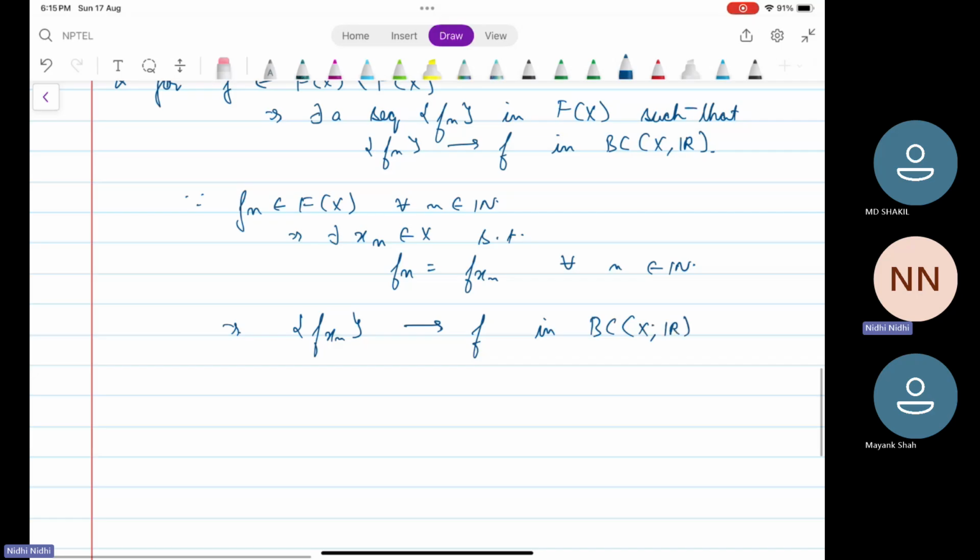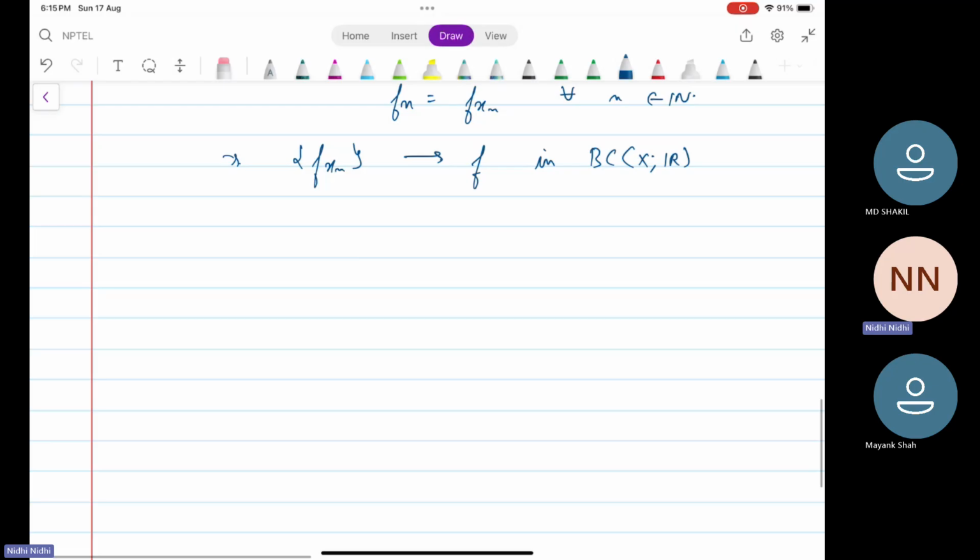So we need to define I on this f. So I define I at this f to be equal to the limit as n tends to infinity of g(x_n).